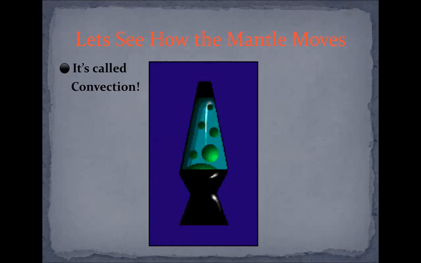Okay, so the warm ones are going to rise and the cool ones will sink. So remember we said what kind of air rises? Warm air, hot air, okay, and cold air sinks. Okay, so much like this.